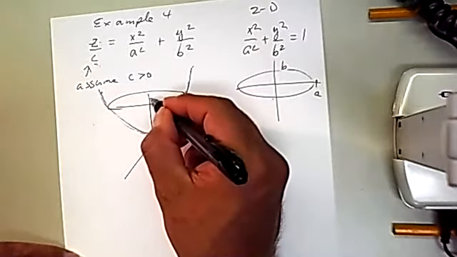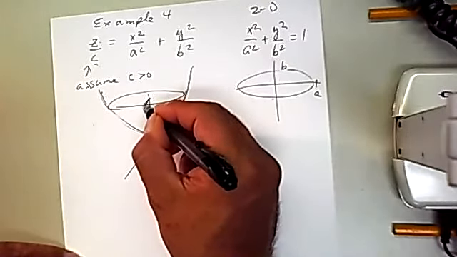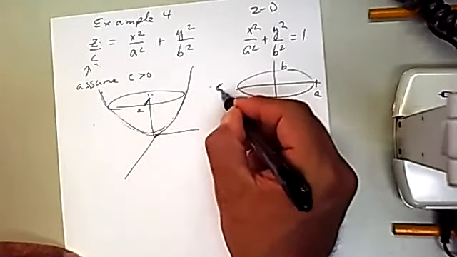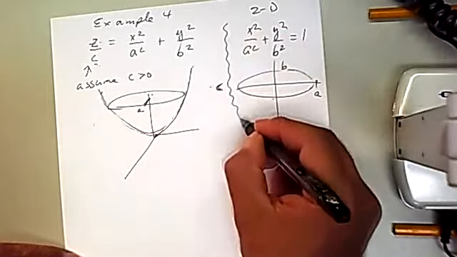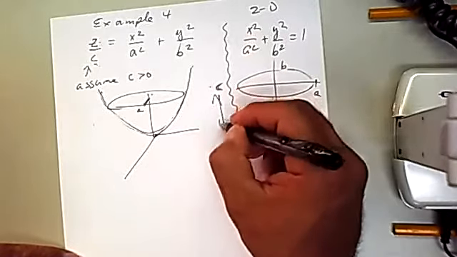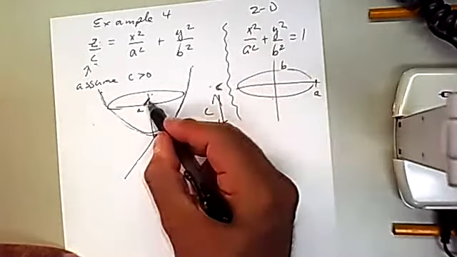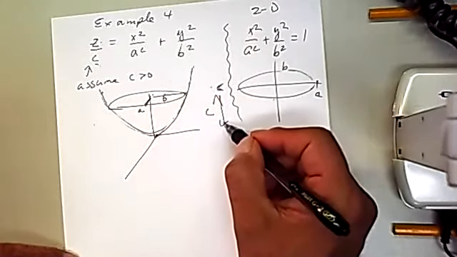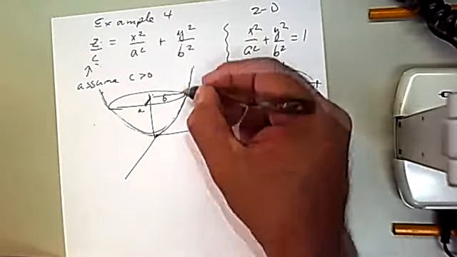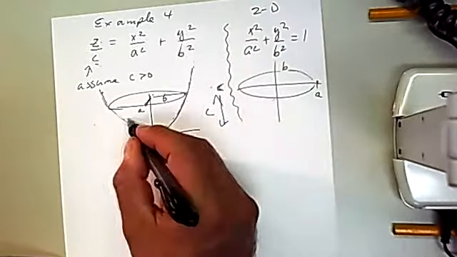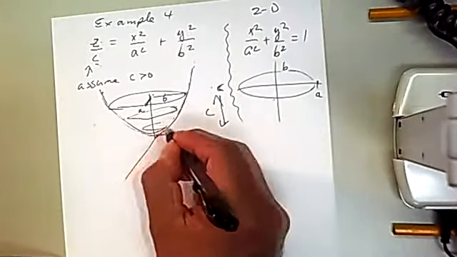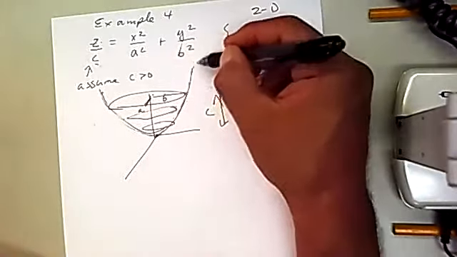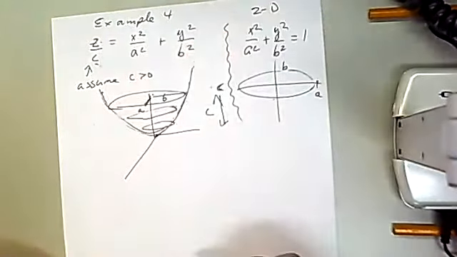On the x-axis, it can go up to A when Z is equal to C. So when the height is C, this is A, this is B, which are not necessarily equal. And the paraboloid keeps growing. This is the basic shape of this paraboloid. It's like a bullet, except that a bullet stops. This continues going up indefinitely.